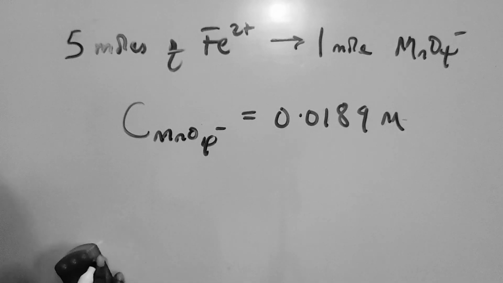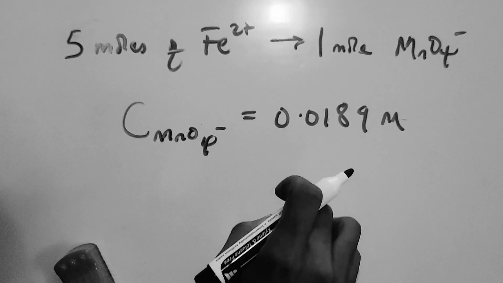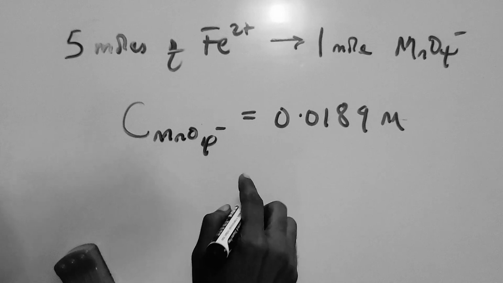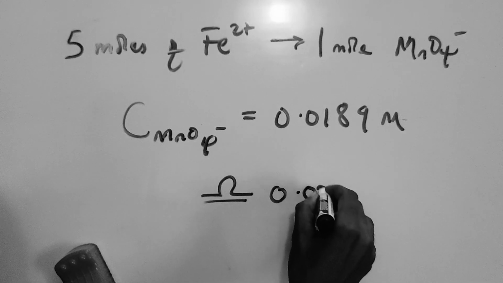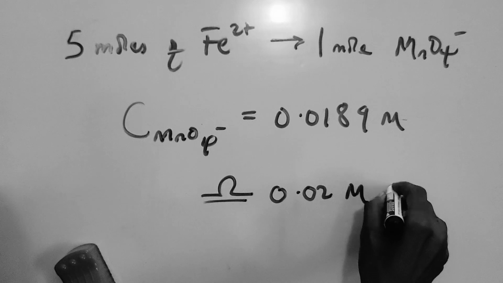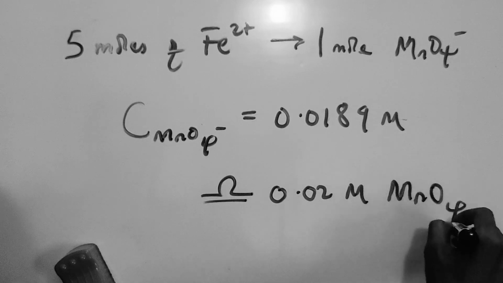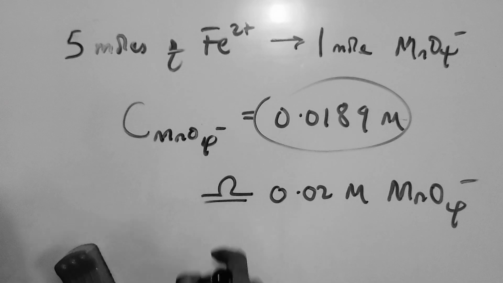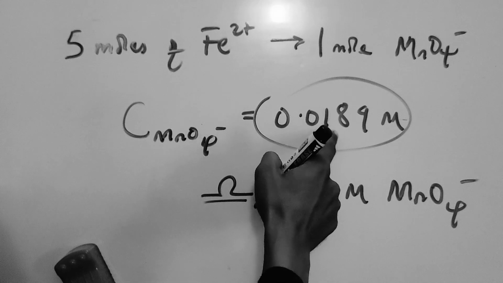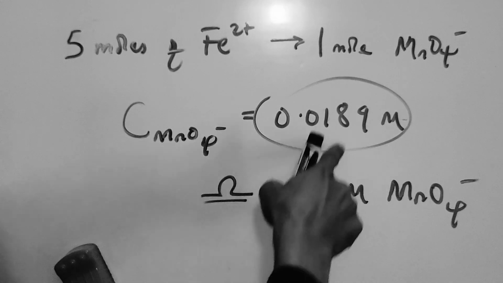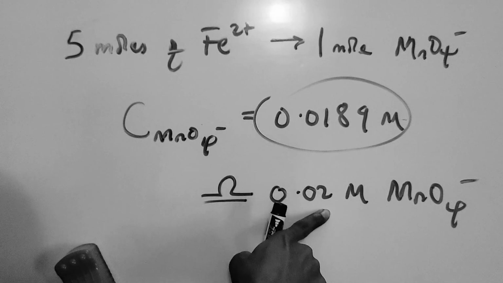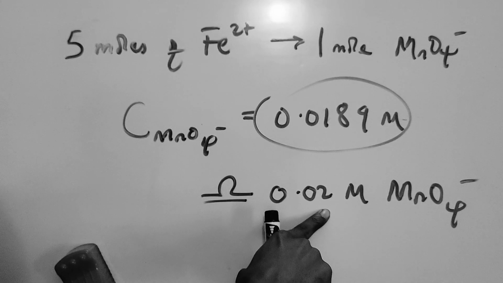Now this is the exact molarity of solution B. If you go through your procedure, you were told that you were given an approximate 0.02 molar permanganate. Can you see how exact this value is? Because if you approximate this value, you get back what you were given. So this is the exact value, but this was the approximate value you were given.